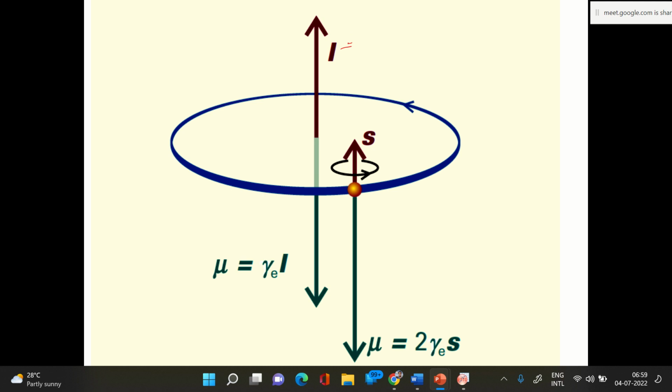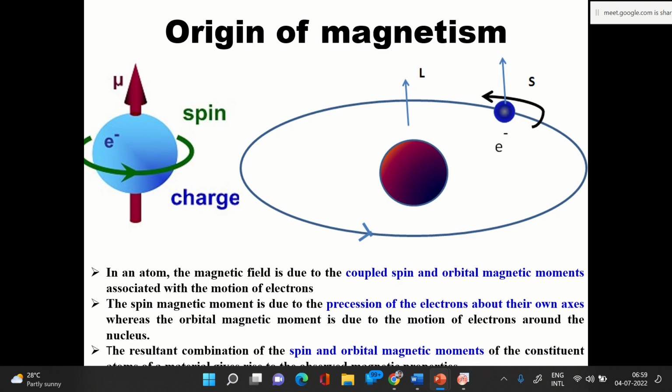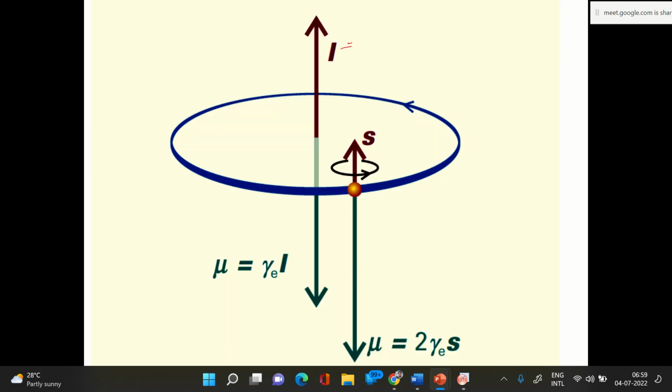This is the orbital angular momentum, and this is the angular momentum due to spin, and each one of these can give rise to a magnetic moment.